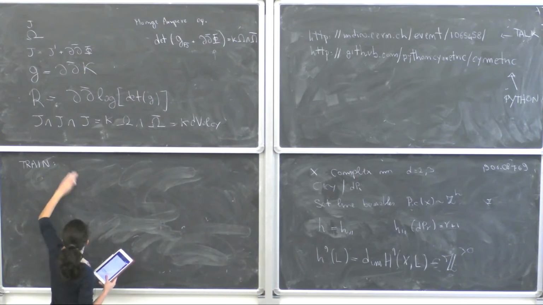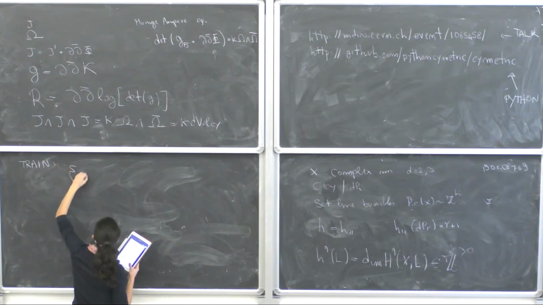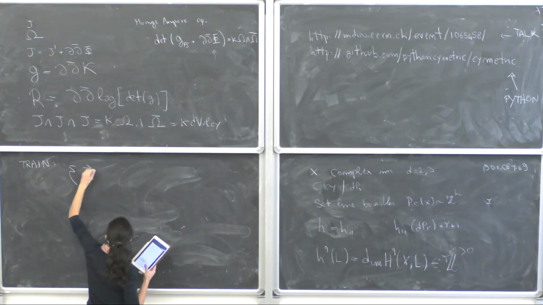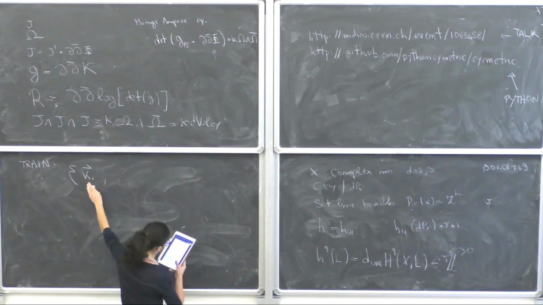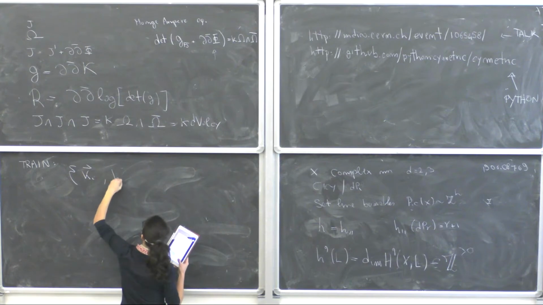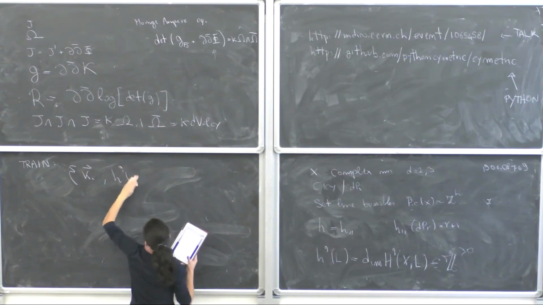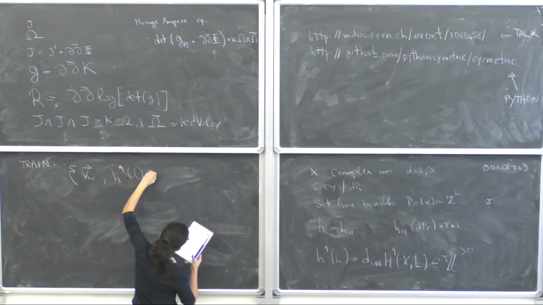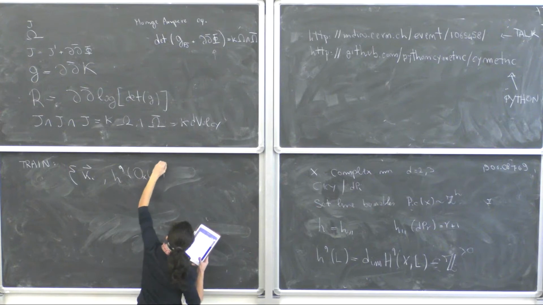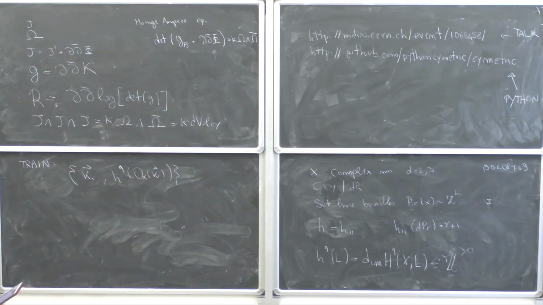So the training set. This is going to be super short. The training set was given by all the line bundles they had and the cohomology dimensions that they already computed. So they had a training set like this.